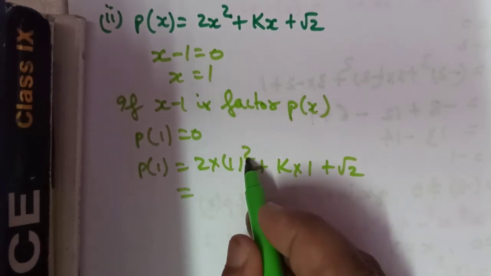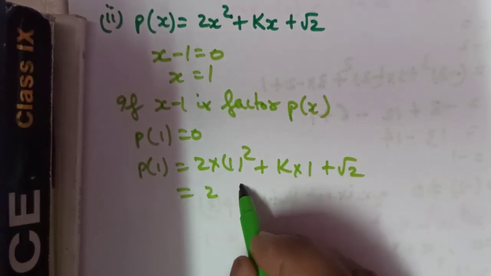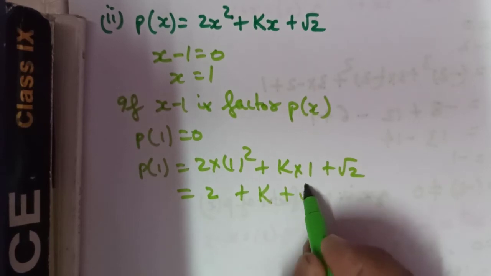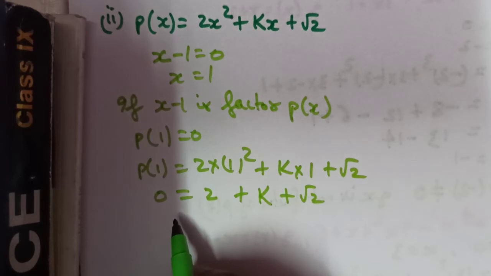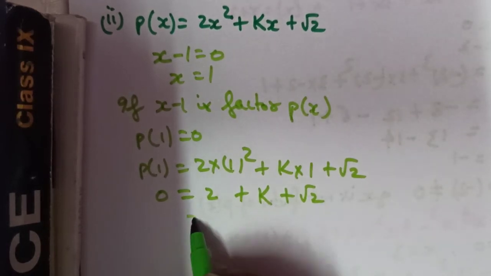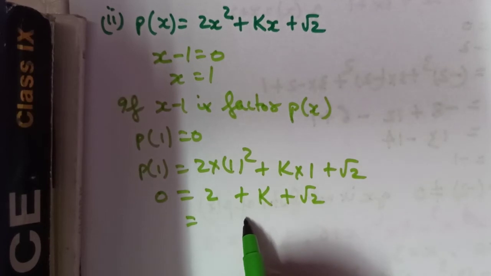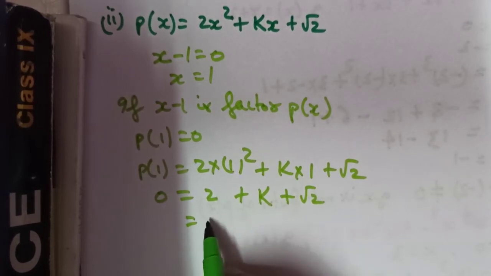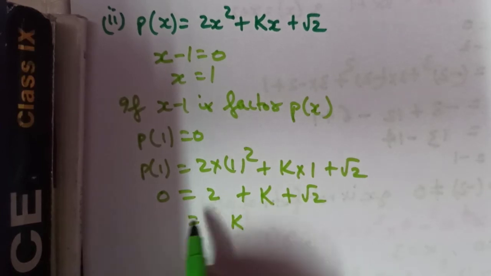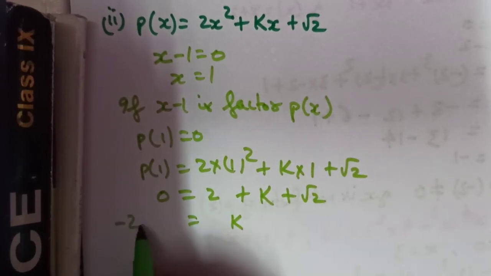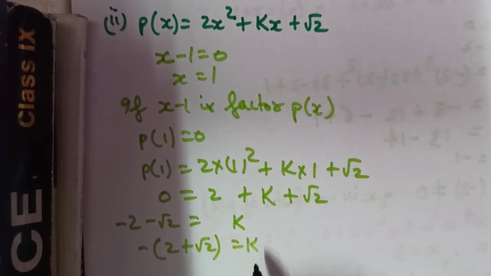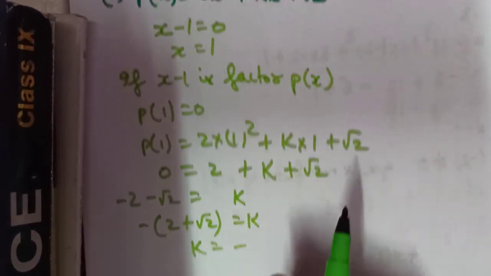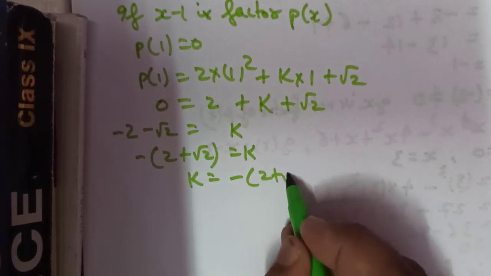So 1 square is 1, 1 times 2 is 2, plus k into 1 will be k, plus root 2, and here p(1) will be substituted as 0. So here it will be 2 plus root 2 plus k. Now if we transpose, we get minus 2 minus root 2, or if we take the minus sign as common, it will be 2 plus root 2 equals to k. So the value of k is minus within bracket 2 plus root 2.